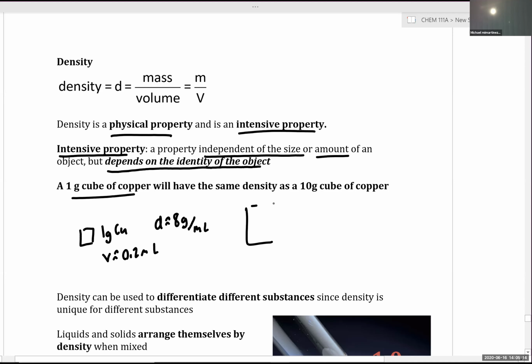If we look at a larger cube of copper, so 10 grams of copper, the volume will be about 2 mils, and its density again will be about 8 gram per mil.